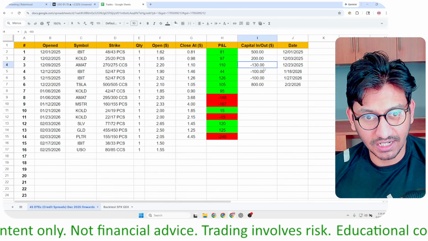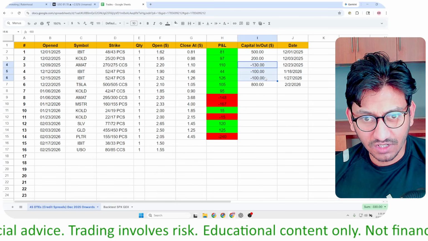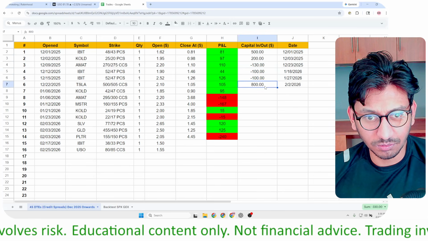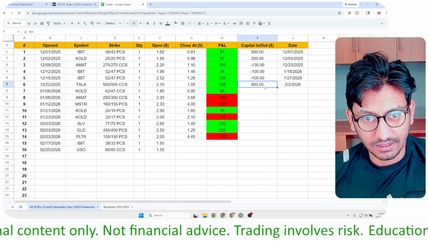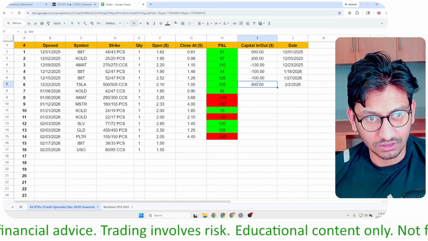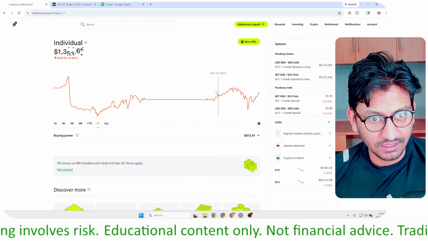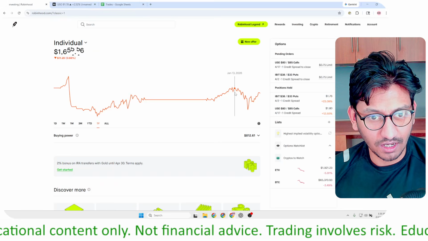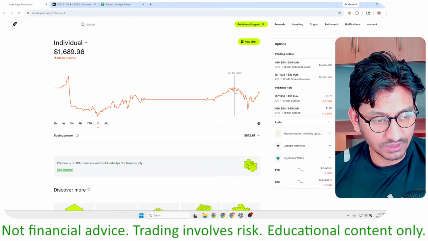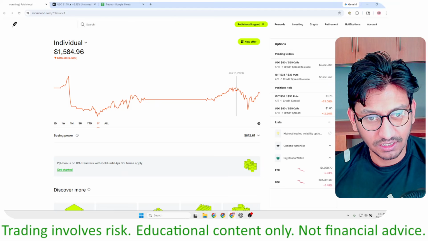I had to take some money out for personal reasons. And then only this month, I actually put in $800, so that we are going up with that $500 or $700 initial money that we put in.